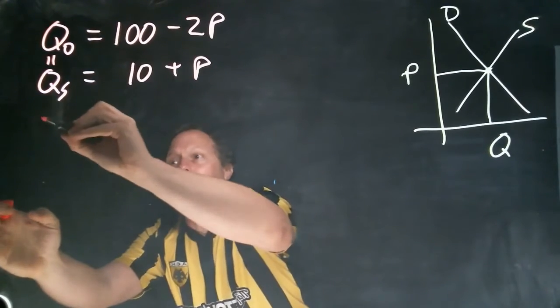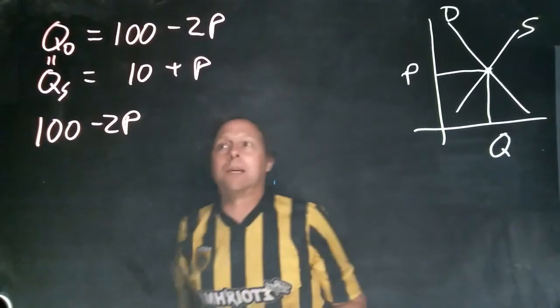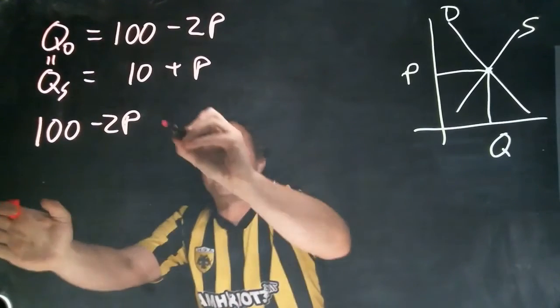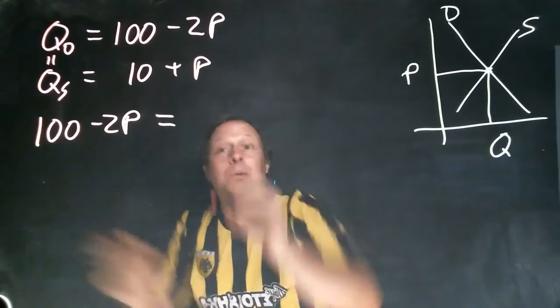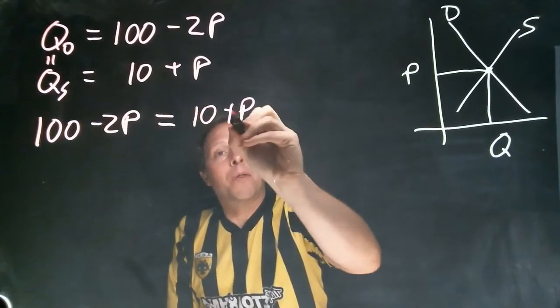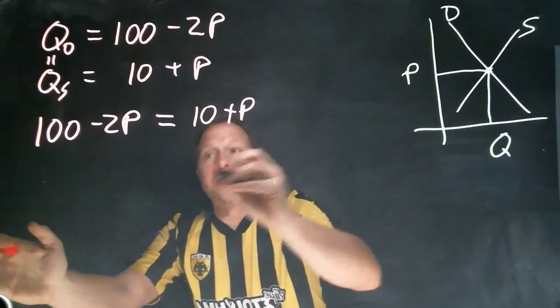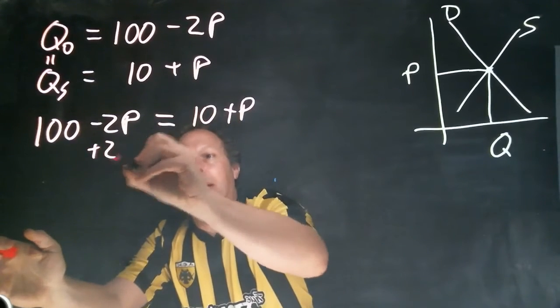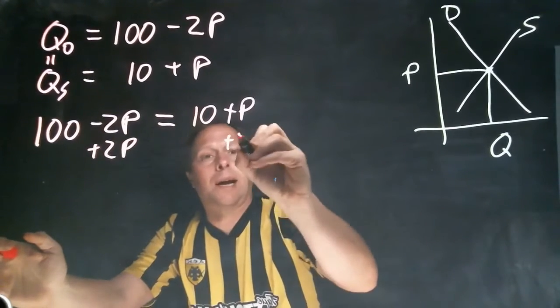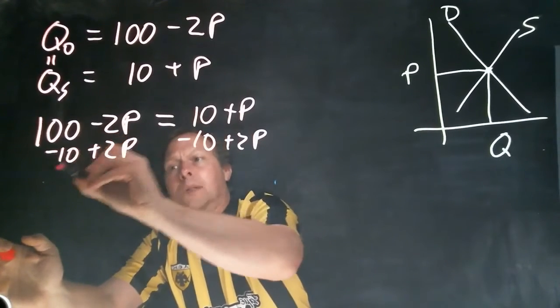So how does that look? Well, we're going to take 100 minus 2p, that's the demand curve, and we're going to set that equal to 10 plus p, that's our supply curve. Now supply is equal to demand, and we're going to solve. How do we do that? We're going to add 2p to both sides, and subtract 10 from both sides.